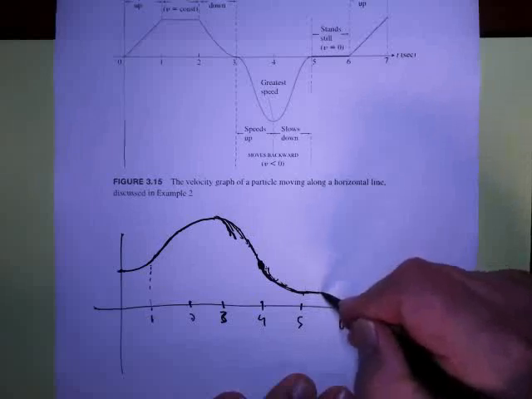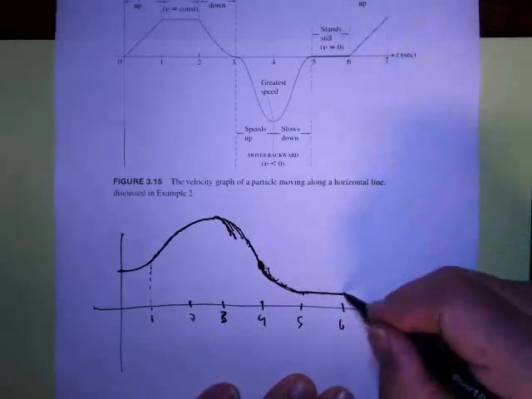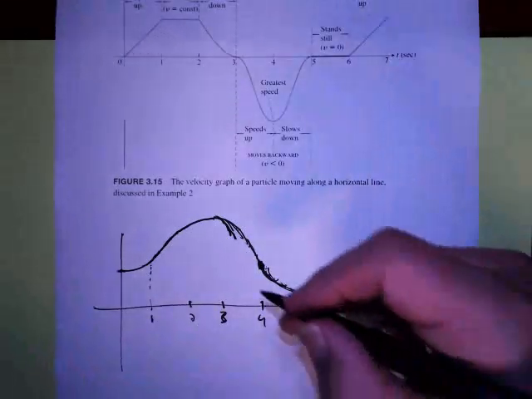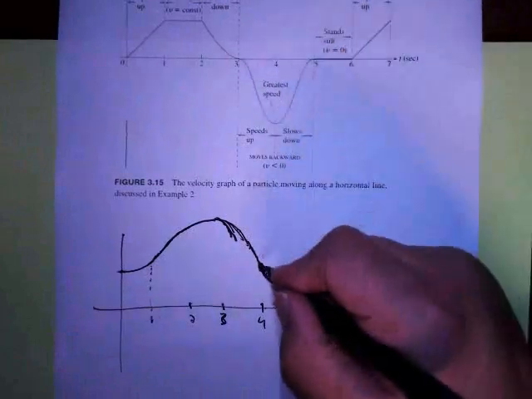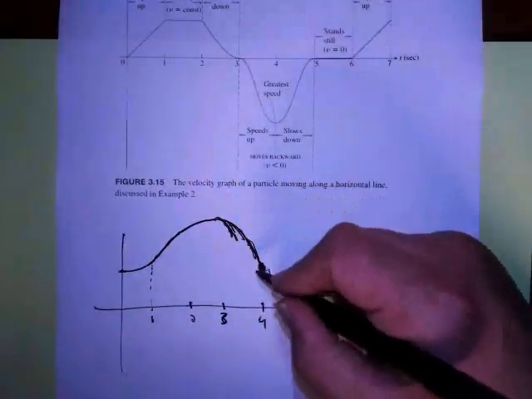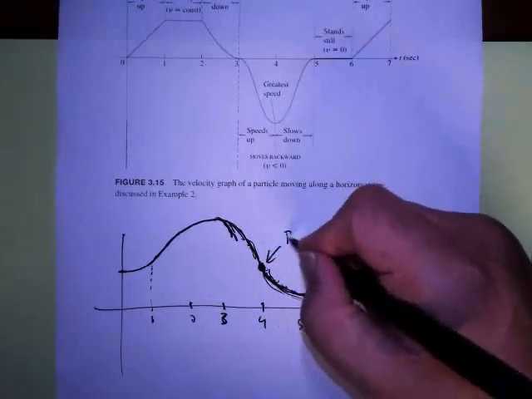It doesn't move at all. And then it's going to speed up again at a constant rate, like a parabola. So it would be like this, and then this point, that's the hardest one. It's where you go from concave down to concave up. And this is an inflection point.